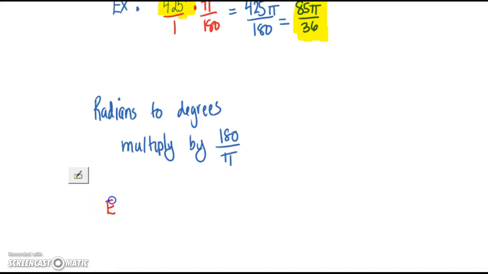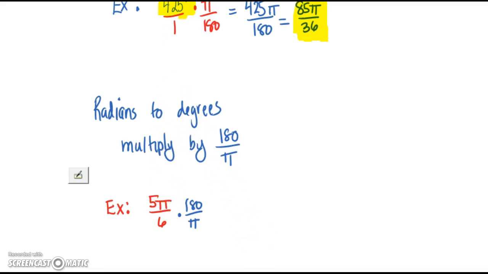So let's take a look at an example. For example, let's take an angle measurement in radians such as 5 pi over 6. To convert into degrees, we want to multiply by 180 over pi. So times 180 over pi. You could do some cross-canceling initially if you wish.